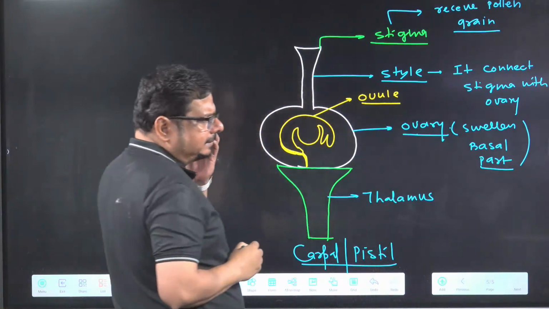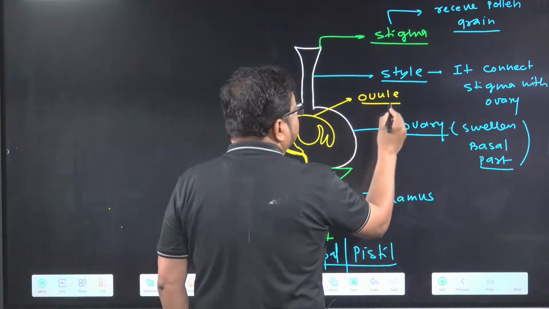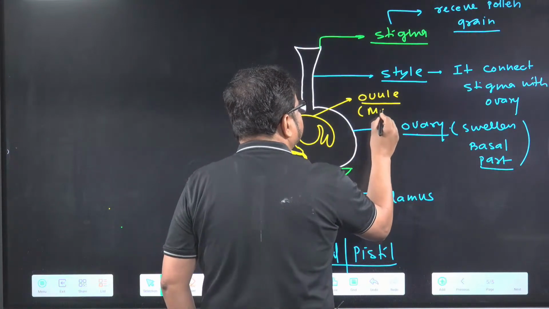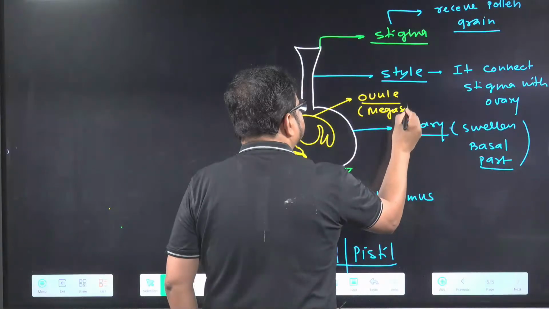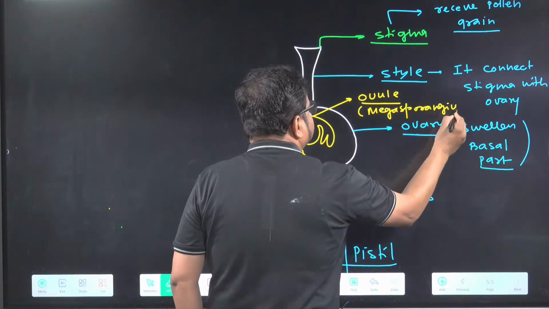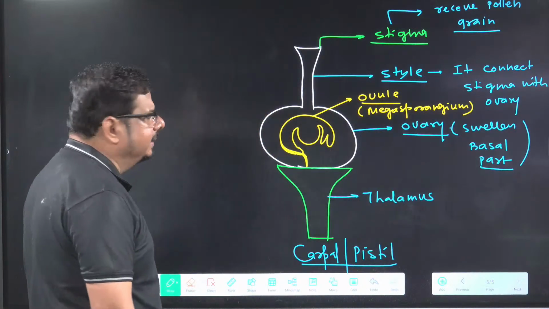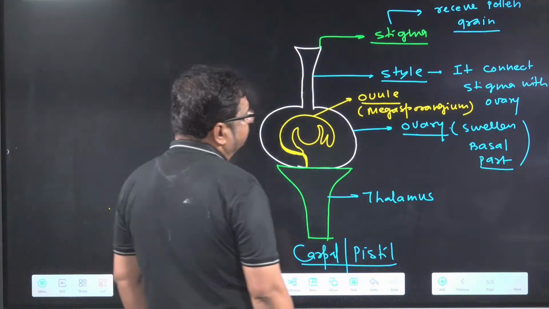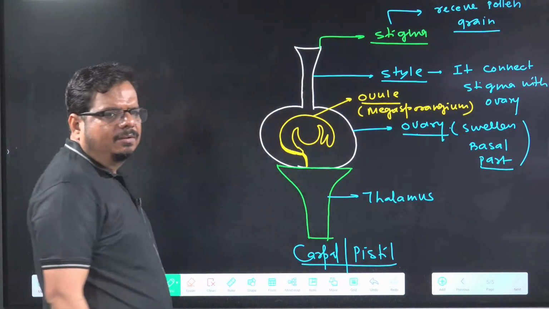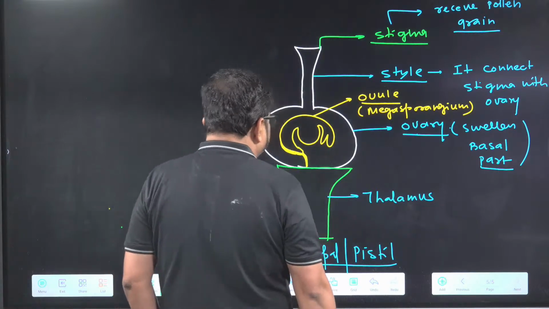Got the idea? An ovule has another name, megasporangium. Like the pollen chamber is microsporangium, here the ovule is megasporangium. Clarity came or not?